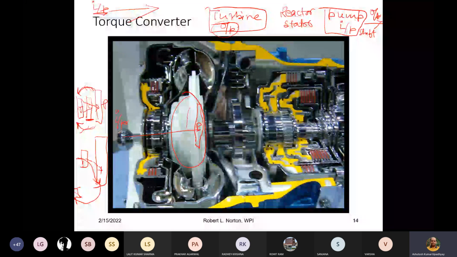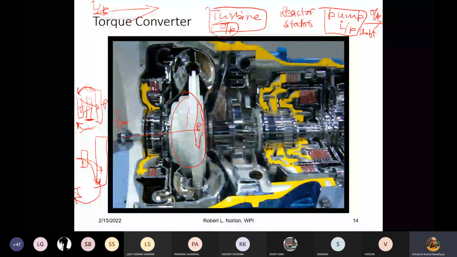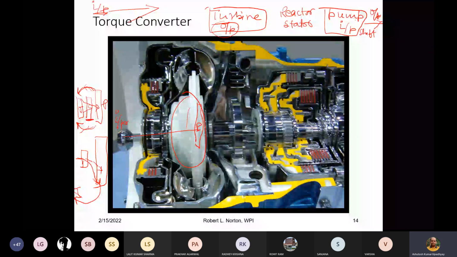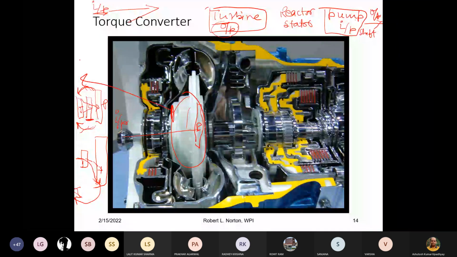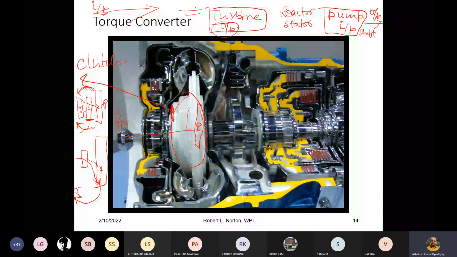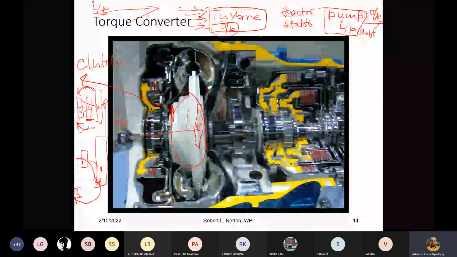Definitely remember that the stator, pump and turbine are close together. Nowadays in the turbine you will get a clutch system. The clutch will push the turbine so that it is completely engaged with the pump. So this entire system is now a clutch, turbine, reactor and pump.